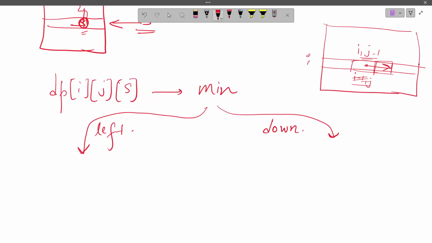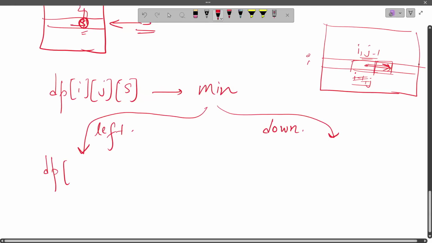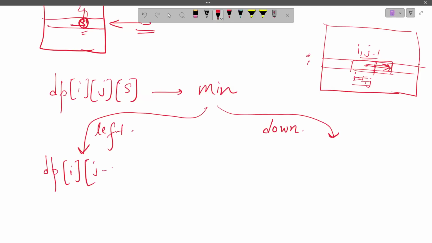So we have to move from I comma j minus 1 to the right direction in order to reach i comma j. And since we have already moved to the ith row, this should be a transition to dp i j minus 1 s, right?